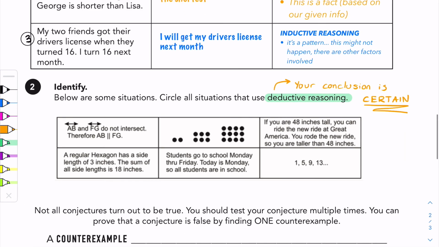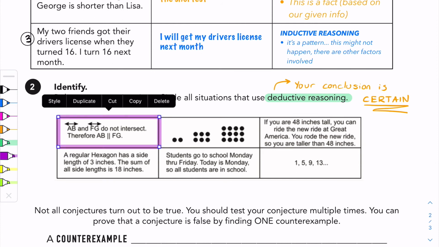All right, looking at the first block right here. This is a geometry statement. It says line AB and line FG do not intersect. Therefore, AB is parallel to FG.